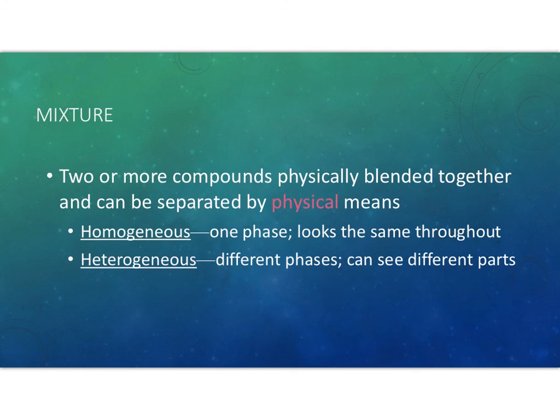Next, we have mixture. 2 or more compounds physically blended together and can be separated by physical means. So we said a pure substance is only one type of matter. A mixture is 2 or more types of matter. And our key word here is that they are physically blended together and they can be separated by physical means.